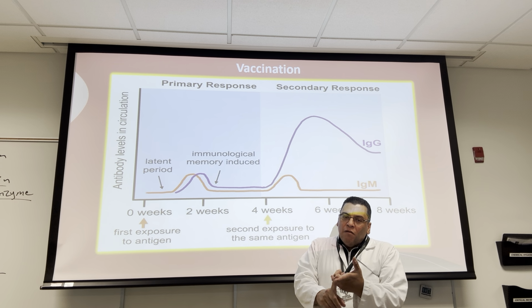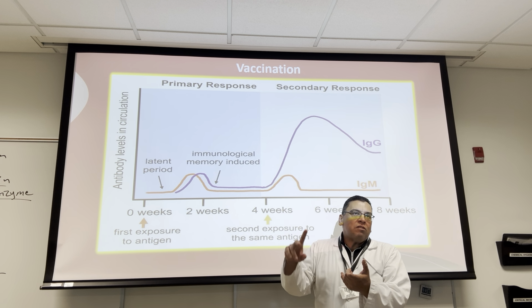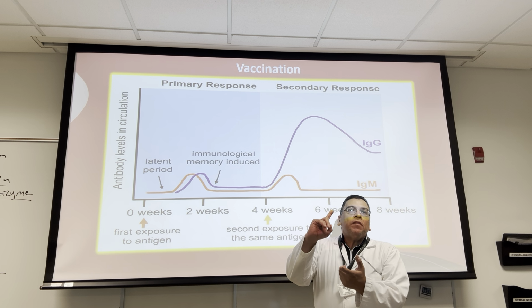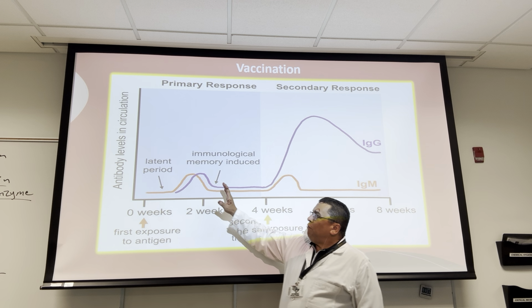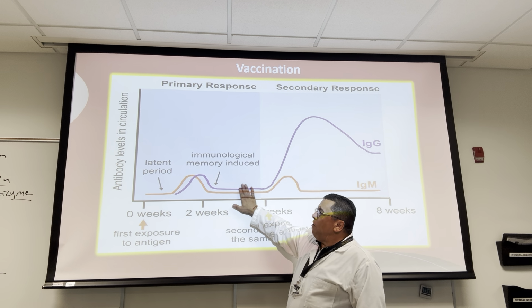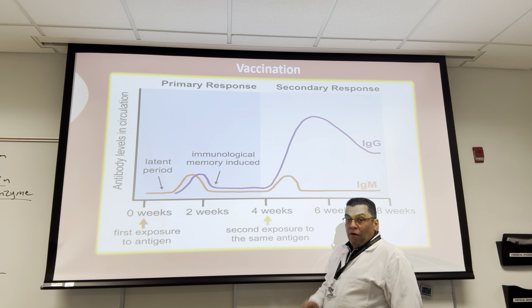You activated the B cells, they proliferated, they produced regulatory B cells, the plasma B cells that release the antibodies, and memory B cells. So at the end of the first exposure, also referred to as primary exposure, what are you left with? The memory B cells. I hope for life.